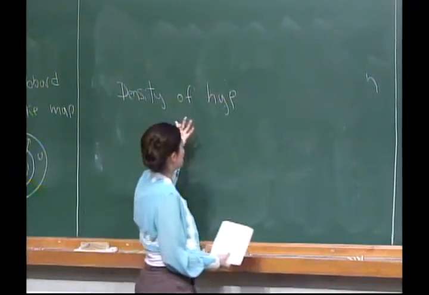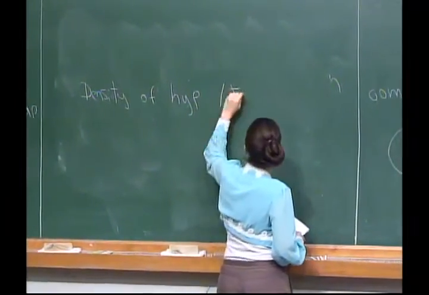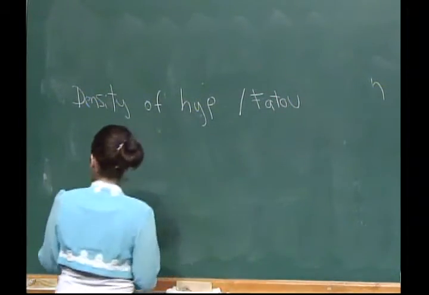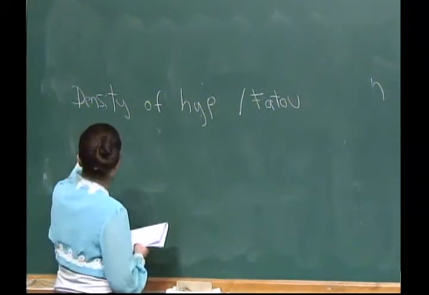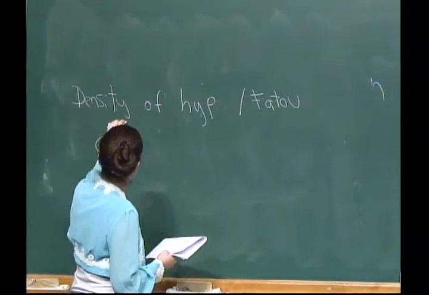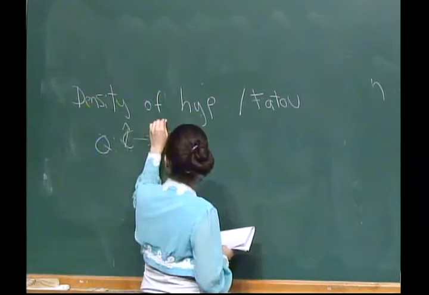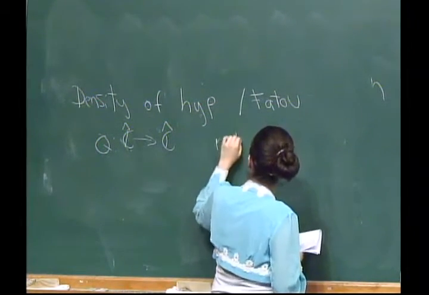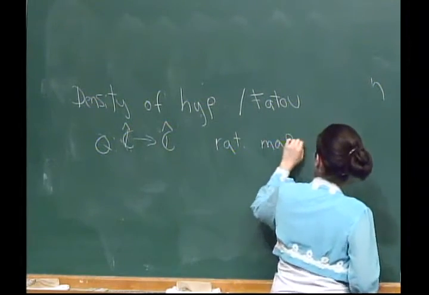So in the complex, it's called the Fatou conjecture. And basically, I'm going to state it in the complex, but I will say something about the smooth case. So you would take a map acting on the Riemann sphere, and it's going to be a rational map of degree D.